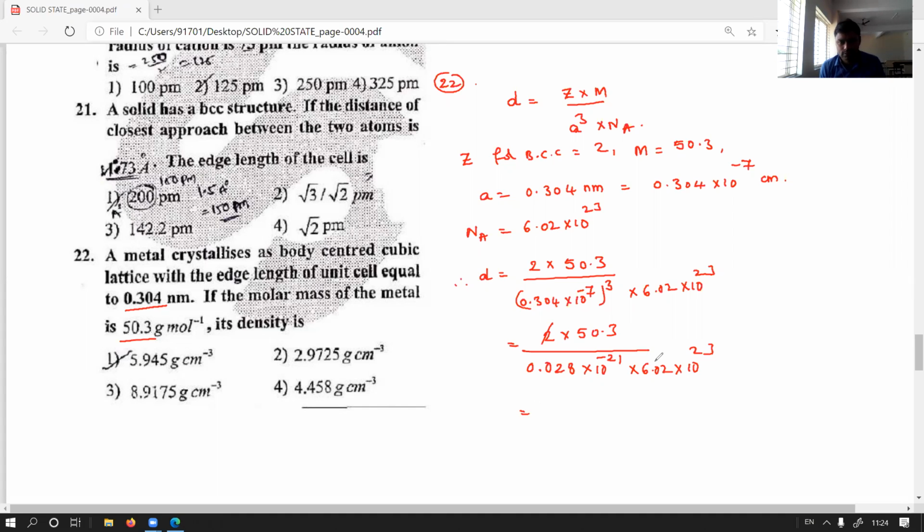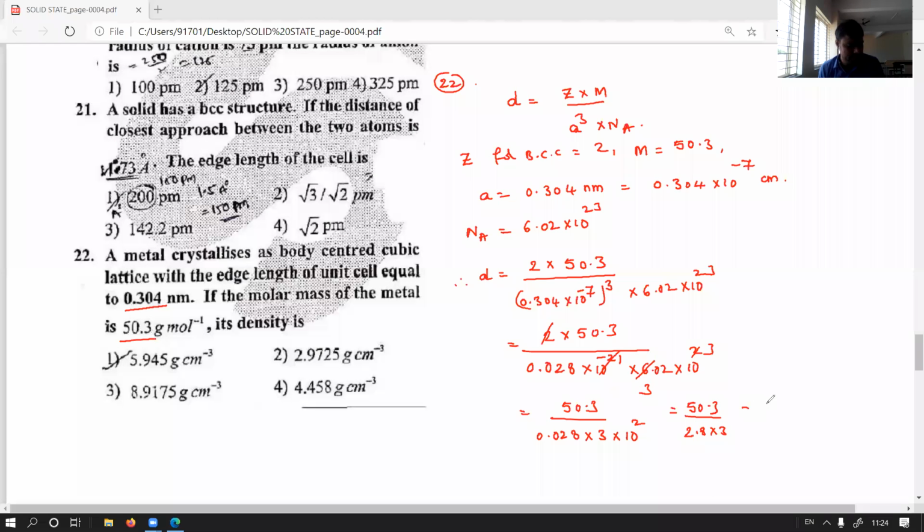Then the 2 and the 1 by 3 terms will cancel. This value is 50.3 by 0.028 into 3 into 10 square, because 10 to the power of minus 21 plus 23 is there, so 10 square will be present. Then it is 50.3 by 2.8 into 3.